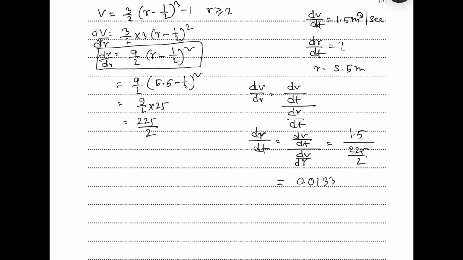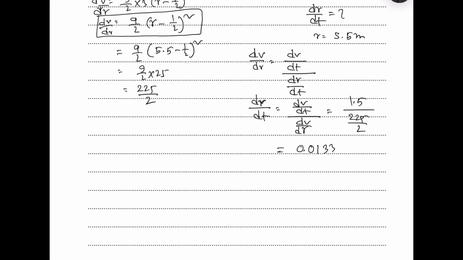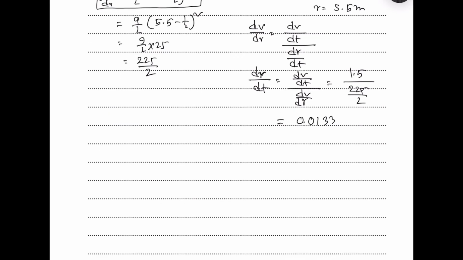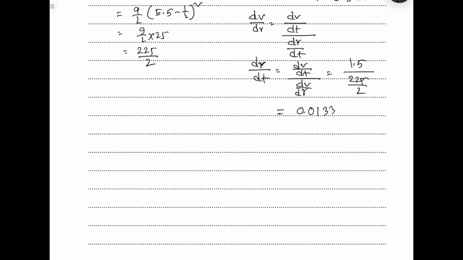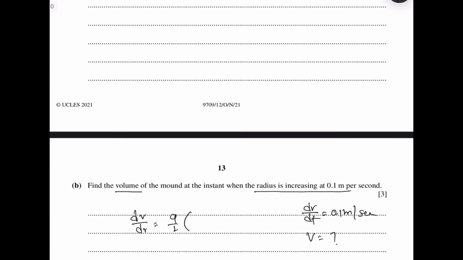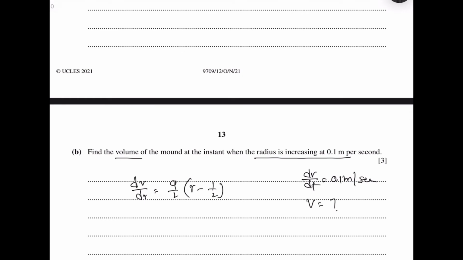Now we can use the differentiated result. dv by dr equals 9 by 2 (r minus half) whole square, and dv by dr can be substituted by dv by dt divided by dr by dt equals 9 by 2 (r minus half) whole square.